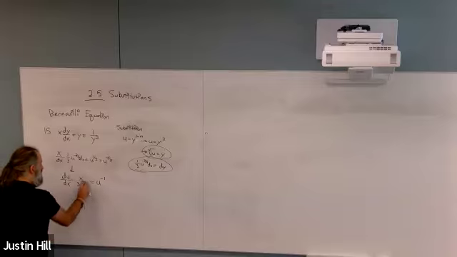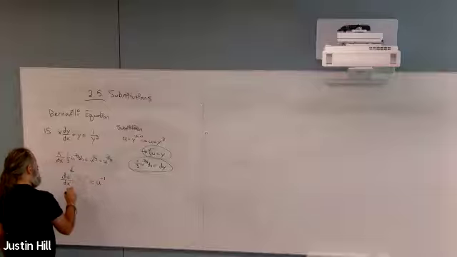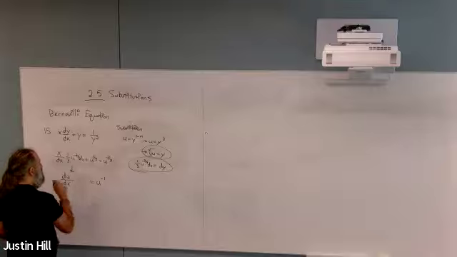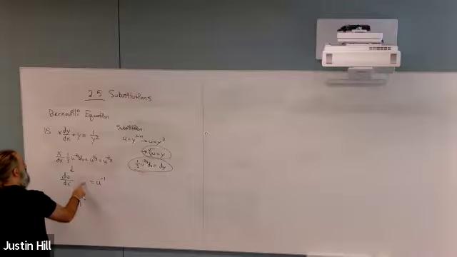So let me rewrite this part. Let me go back to the negative 2/3. I think that actually works. Doing something wrong here. What am I missing? Oh, I needed the u to the 1.